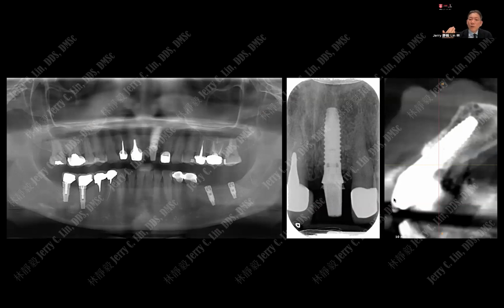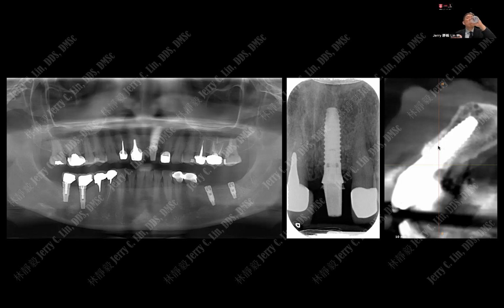It was flared out, a little bit over 15 degrees. But the patient was lucky to have good bone on the buccal, so that can overcome the problem of the flaring out implant.